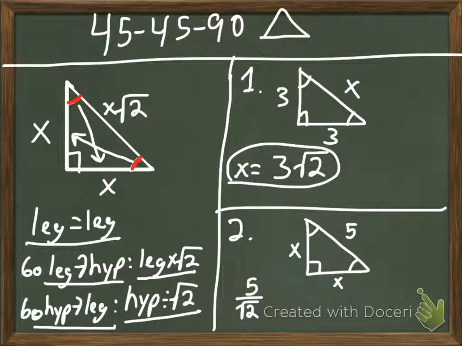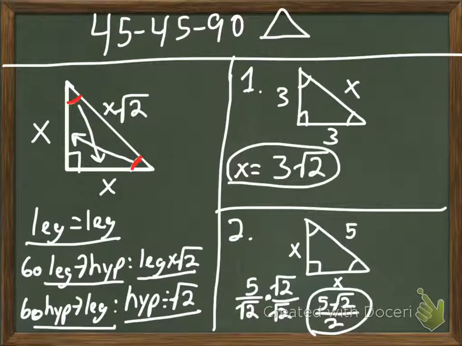Then we do our simplifying radicals. We rationalize. We take the square root of 2 over the square root of 2, and we get 5 root 2 over 2. And that's what x equals. And yes, I know that does seem a little bit more complicated than the first one, but it's just repetition and getting used to these simplifying radicals.